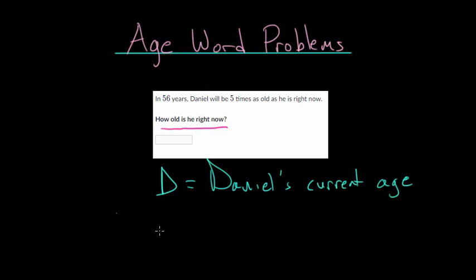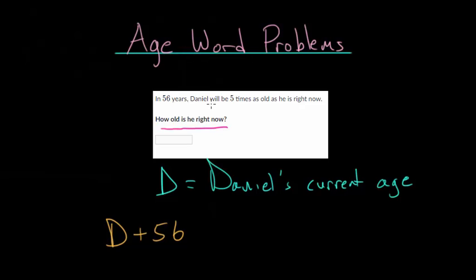Once you've defined the variable, now we can go back up to this information and see if we can pull an equation out of that. In 56 years, Daniel will be 5 times as old as he is right now. Let's try and write that out. We know that 56 years from now is his current age plus 56. So we can say his current age plus 56 years, and after those 56 years, Daniel will be 5 times as old as he is right now.